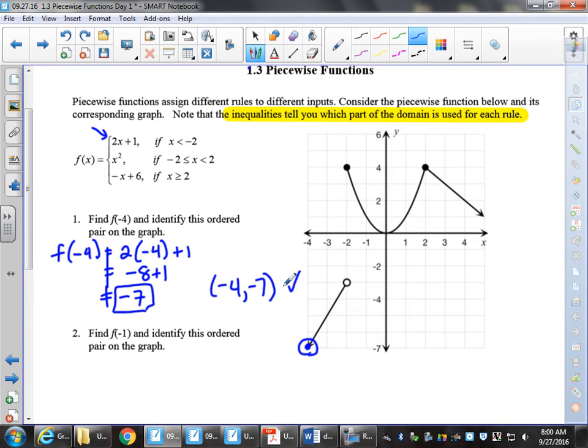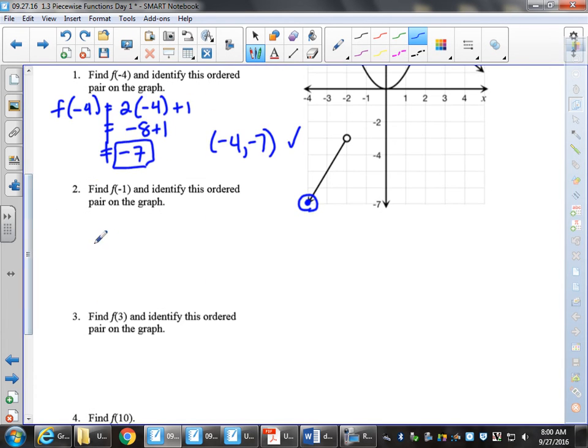Try f of -1 on your own. Which rule applies to the input -1? Where does -1 fall? Who knows where -1 falls?